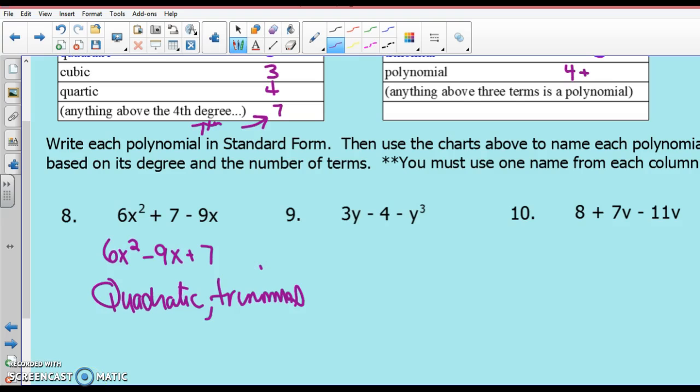So that is a quadratic trinomial. Let's put this highest power down to lowest. So negative y cubed plus 3y minus 4. That is standard form. My highest degree is 3. So what is 3 called? Cubic. And it's got 3 terms, trinomial.